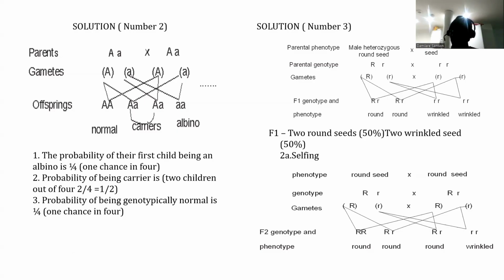You know the offspring from the second will all be small r wrinkled. But selfing the first one, the heterozygous ones, means those that look alike, you bring them together and cross them. So capital R, small r crossed with capital R, small r, what are you going to have? Two round, one heterozygous, and one wrinkled.